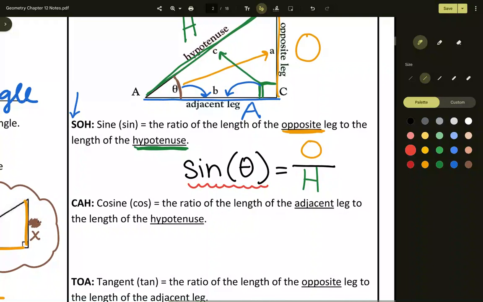But sometimes we're looking at two different sides. The next one, the cosine value, the CA abbreviation, where C stands for cosine, is for when we compare the adjacent leg, the A here, to the hypotenuse length, the H here. So I'm going to write that down.